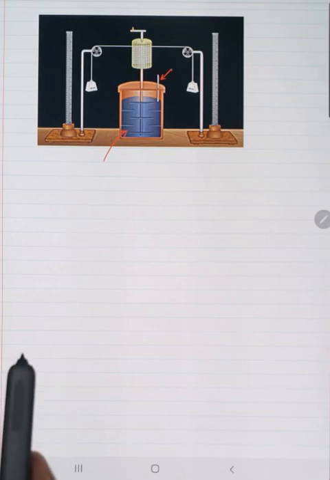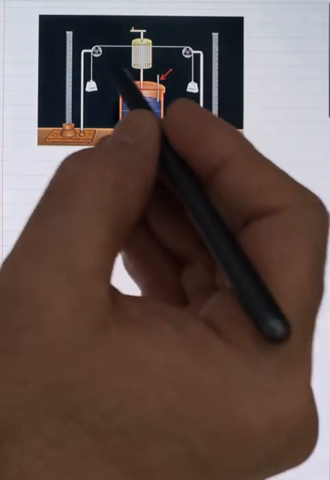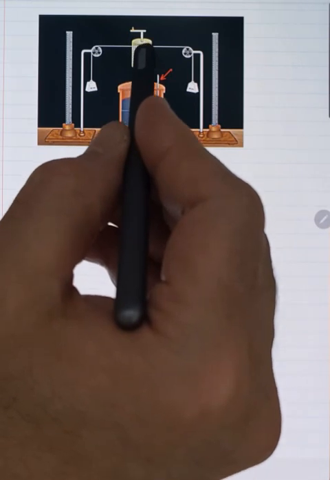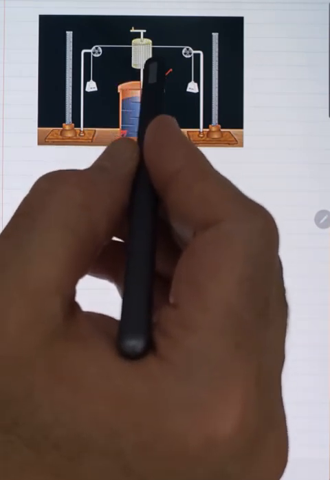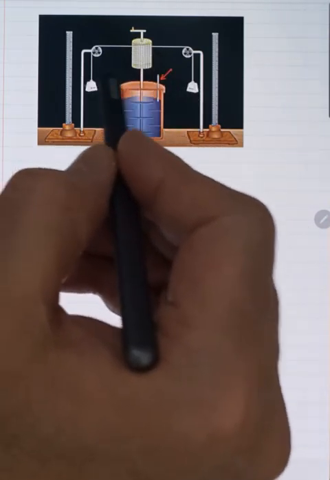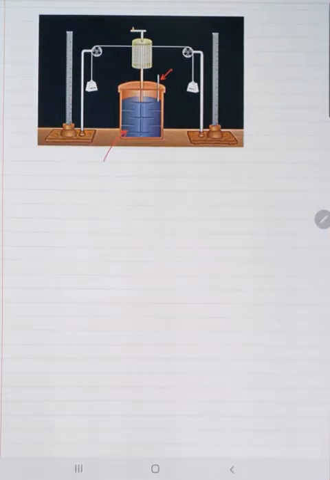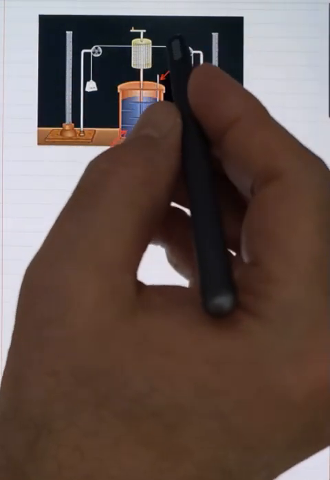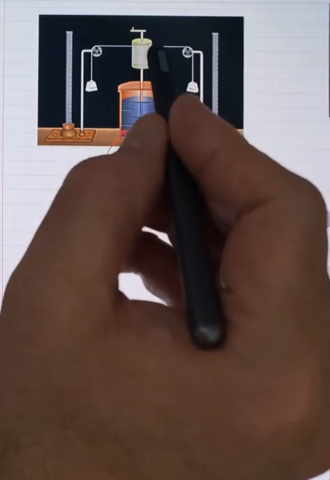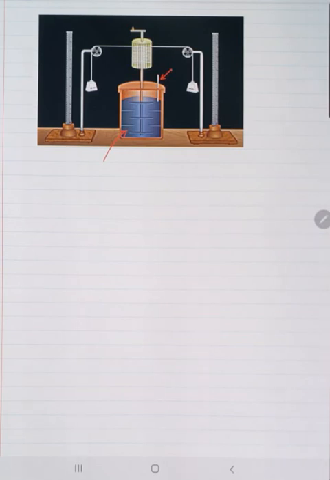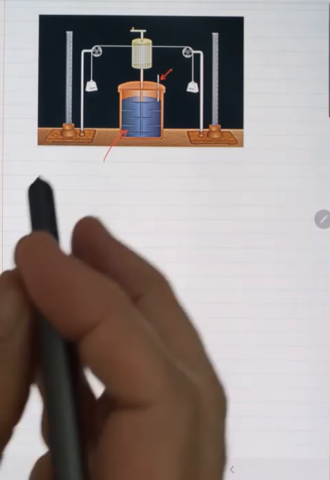So he suggested this setup. We have two masses attached to a pulley, and when the two masses go down because of gravity, they make the pulley move, and then they stir the water, and basically the temperature of the water will rise.